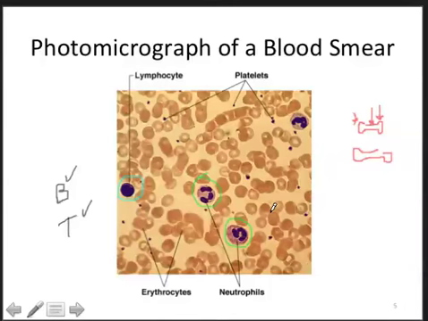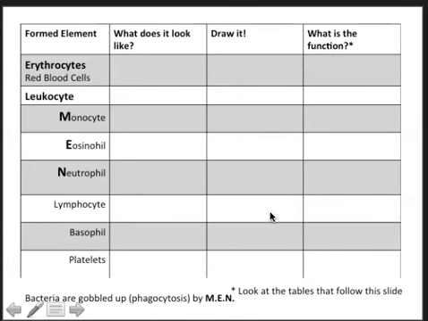Now what you're going to want to be able to do when you look at the smears that are in this presentation and also in your textbook and also under the microscope in the lab is to identify the appearance of the different formed elements based on their color and based on their abundance, and then be able to describe what it does.